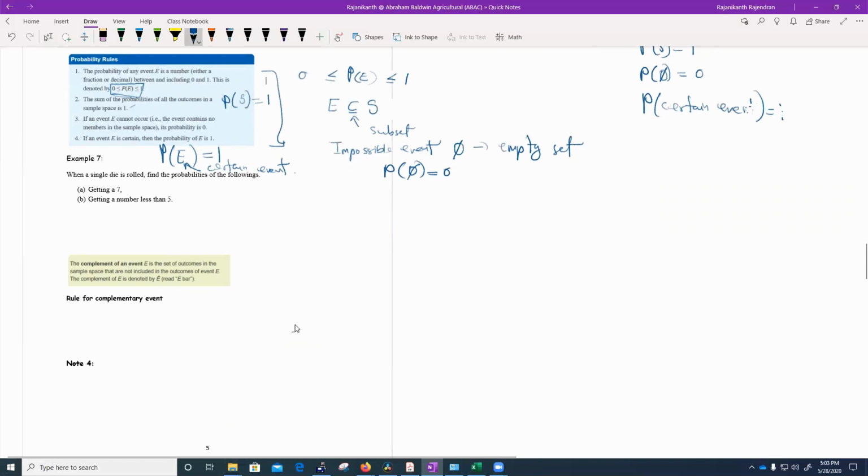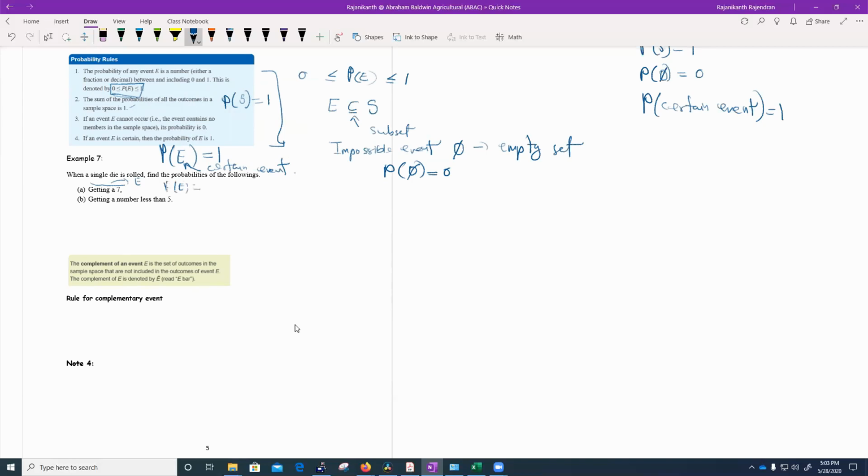Now the next question is: when a single die is rolled, find the probability of the following events. Part A: this is my event E, or experiment. What is the probability of getting the number 7? Remember, when you roll a die, there is no way to get the number 7.